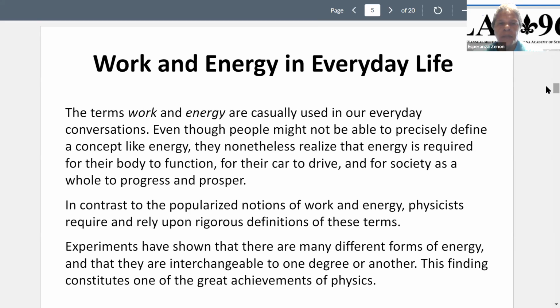So I always tell students, don't mix up your everyday use of these words with the physics definitions of these words, okay? All right, and so one of the most important things that we figured out in terms of science is this understanding of energy, because energy permeates every aspect, like biology.